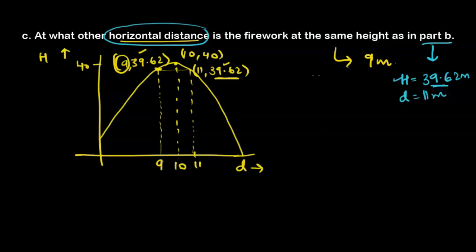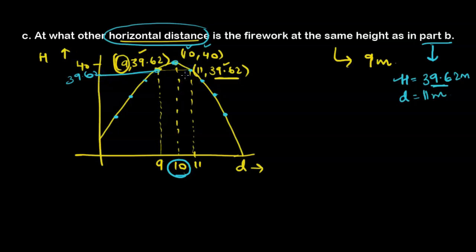The reason they want the other horizontal distance is that we know parabolas are always symmetrical graphs. So if when x is 10, y is 40, we have a vertex. This is our vertex, (10, 40). All the points around this vertex, on both the left and the right side, are symmetrical. So if this height is 39.62, so will be this height.